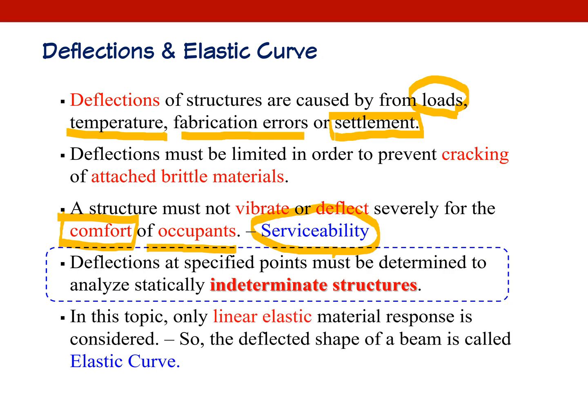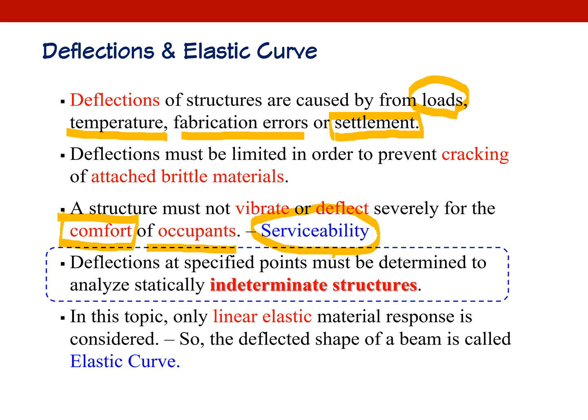In this topic, we are going to call the deflected shape of a beam or any other structure the elastic curve. Why is that? Because in the scope of undergraduate structural engineering courses, we are going to limit our discussion within a linear elastic limit, so that any portion of the structure will be elastic, not plastic.